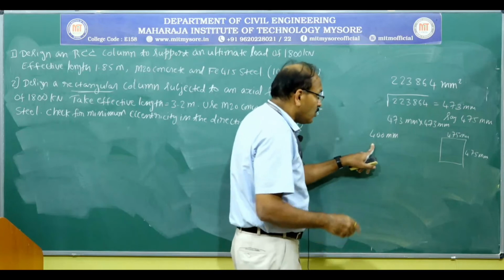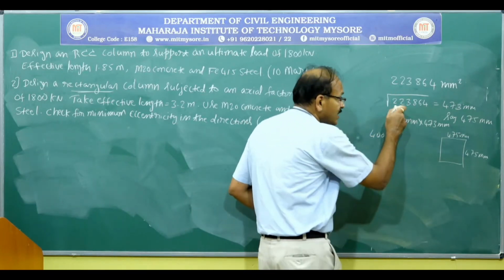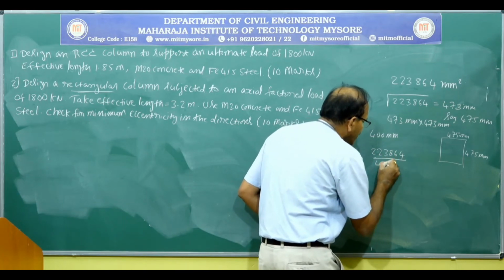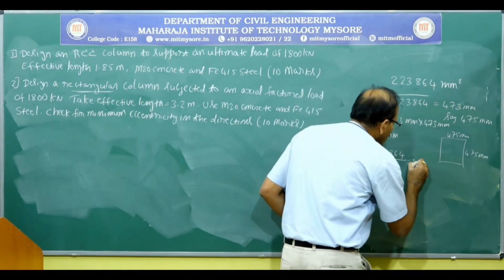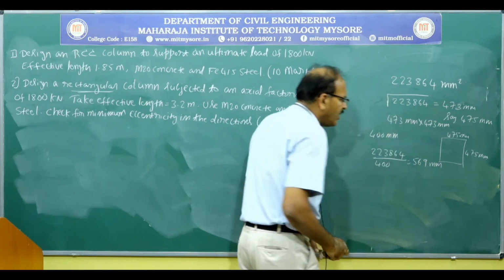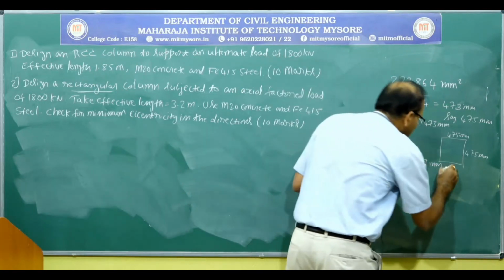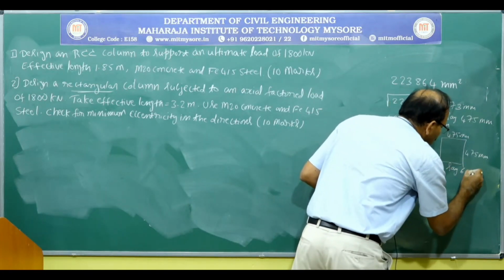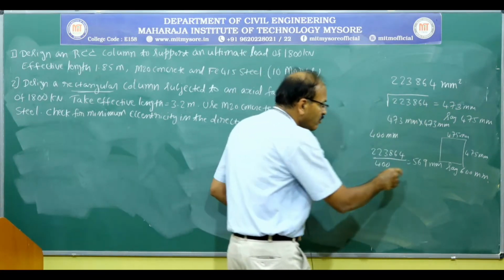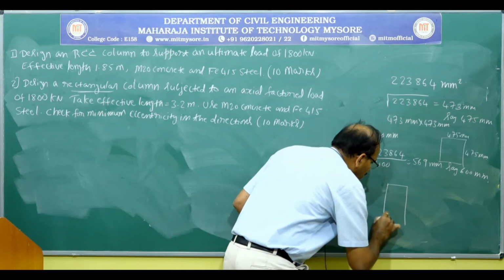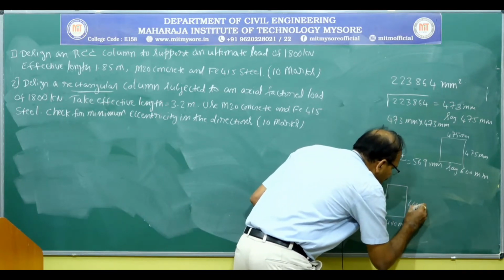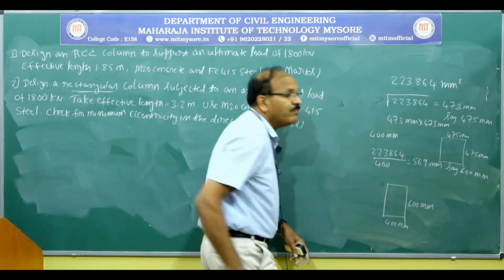So the other dimension is given by this area 223,864 divided by 400, that is equal to 569 millimeter. So we are not going to provide 569, say 600. That means we are going to provide a rectangular column of dimensions 400 millimeter by 600 millimeter.